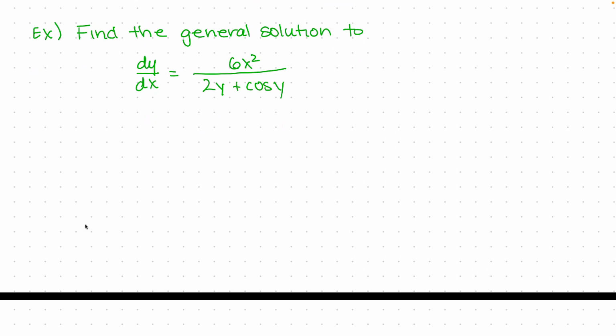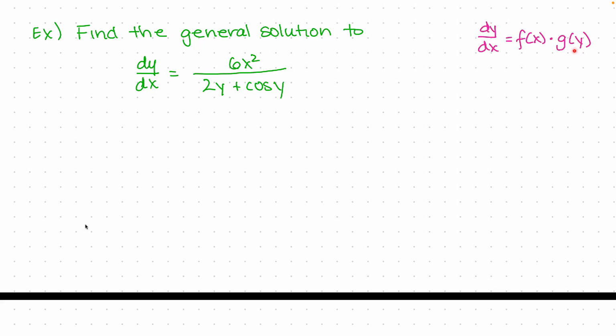Let me get a new page. This one's pretty easy to see how we can get all the y's on one side and all the x's on the other, but sometimes it's a little harder to see how to separate the variables. So in general, put your derivative on one side, and on the right-hand side, separate the x's and the y's.